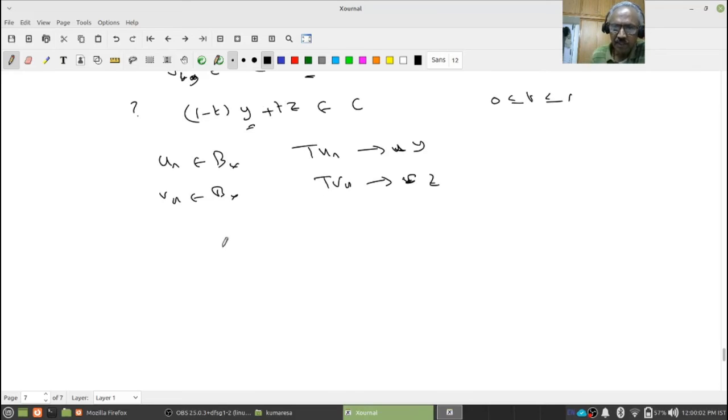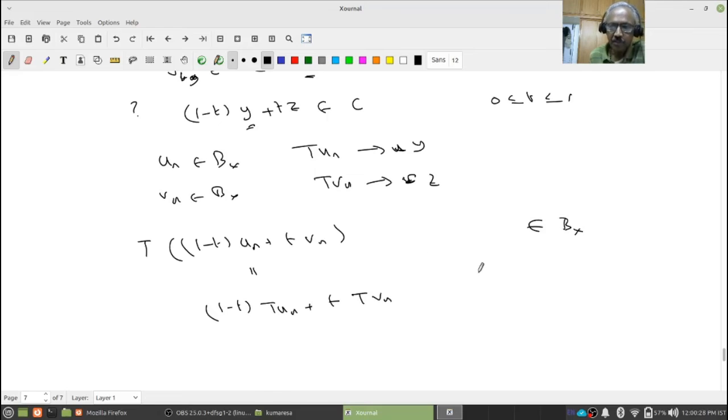Now un and vn are in Bx. Bx is convex, therefore (1 minus t) times un plus t times vn is in Bx. Now T of that is (1 minus t) times T un plus t times T vn.